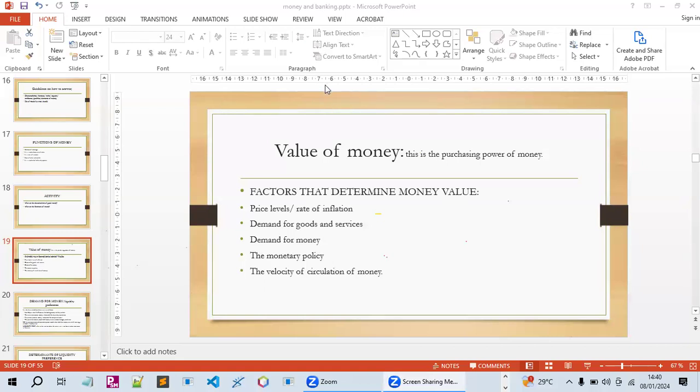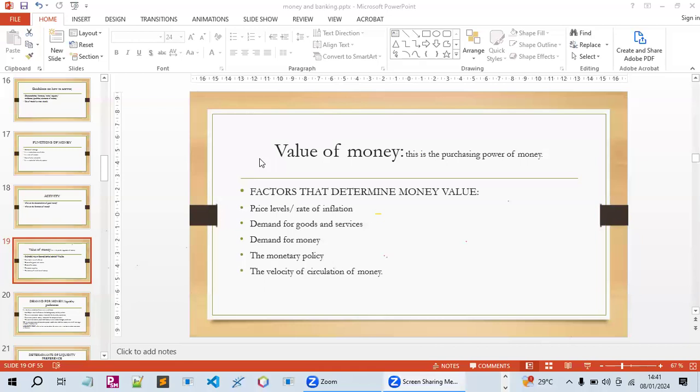Okay, for the part of homogeneity, what I meant by good money is homogeneity. We could say good money should be uniform throughout the country.